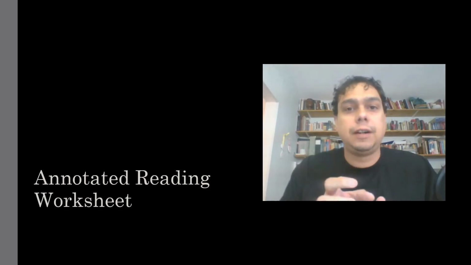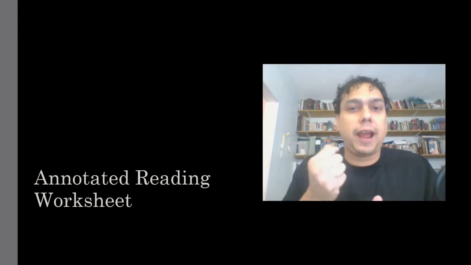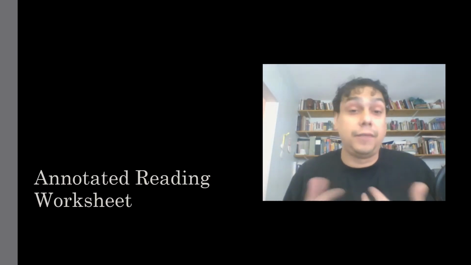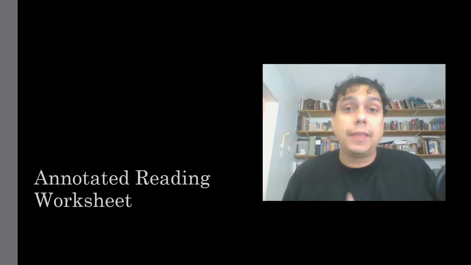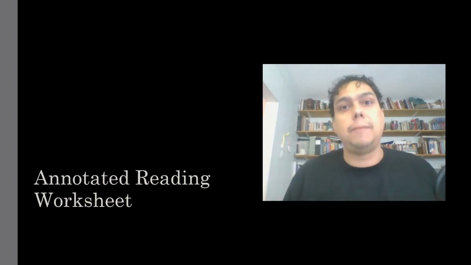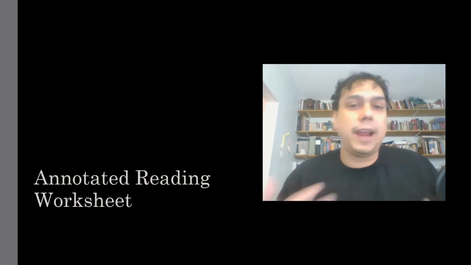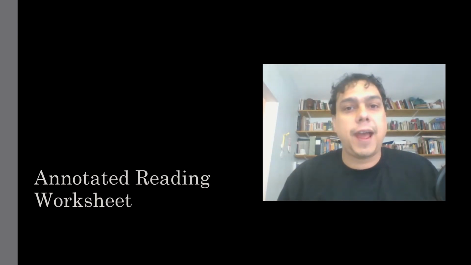So the goal of this assignment is for you to read your article and then look for the specific things that are going to help you understand the main points of the reading, right? And the goal is that with that you also become a better and faster reader of political science articles or any academic article that has research methods embedded into it.